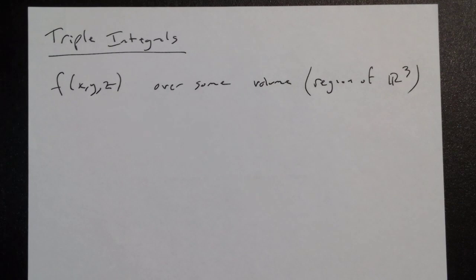Let me do the same thing I did with the double integral. The easiest region to work on in a double integral was a rectangle. So the easiest region to work on in three dimensions is a box.